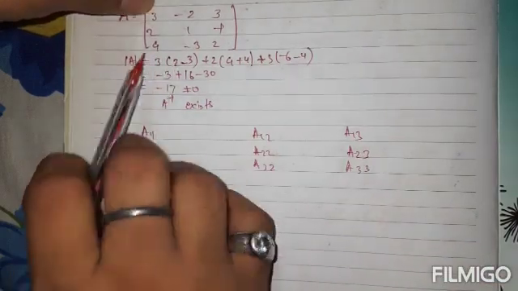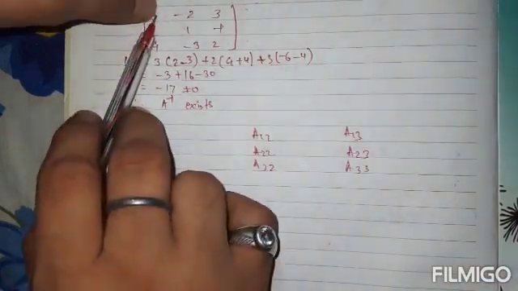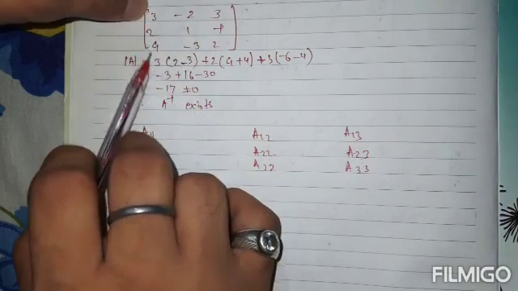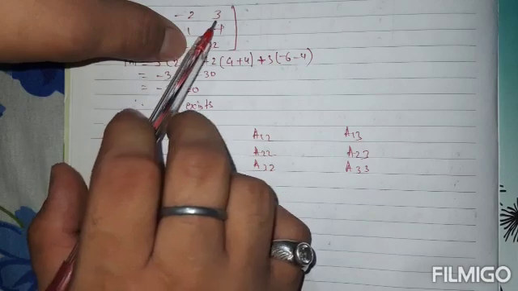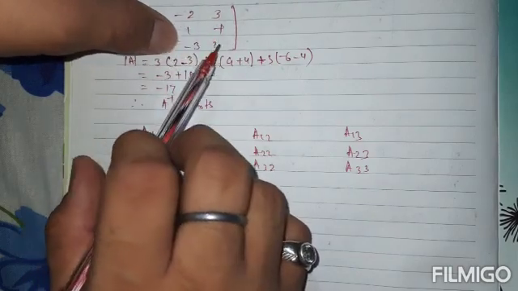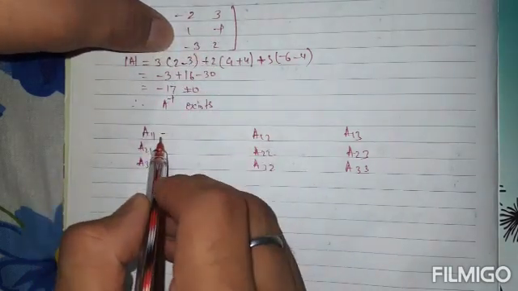So finding the cofactor A11, ignoring the row and column of this element, we have 2 minus 3, that is minus 1. It is minus 1 only.